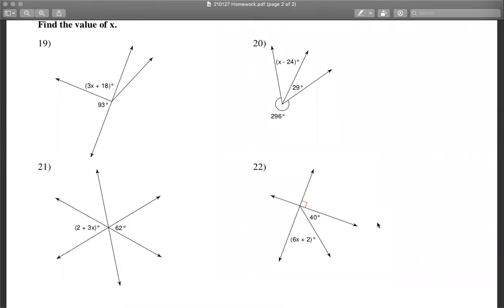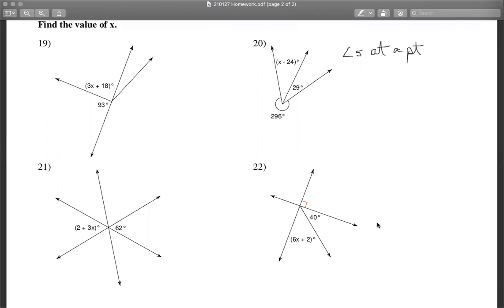All right, so with 20, I need to first of all look at this and realize what rule I'm using. So with this, I can see I've got an angle here, I've got an angle here, I've got this angle going all the way around. So it looks like these are 3 angles that all add up to a circle. And so this is going to be a classic case of angles at a point.